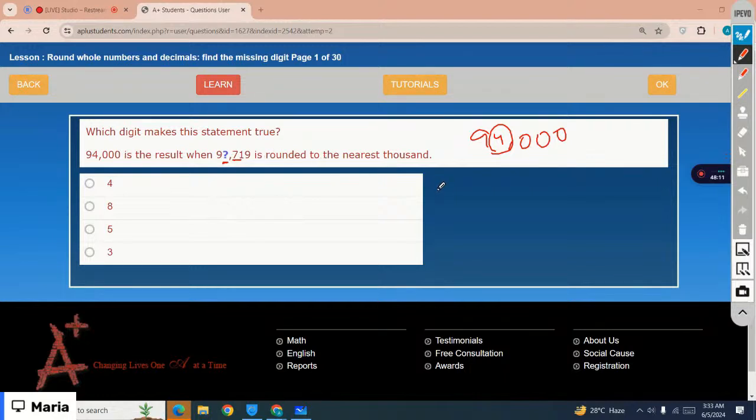So if you don't round up, the missing number is 93,719. The missing digit is 3 because that is before rounding. If that is 93, the next digit is 7. 7 is greater than 5. That's how it is rounded off to 94,000.